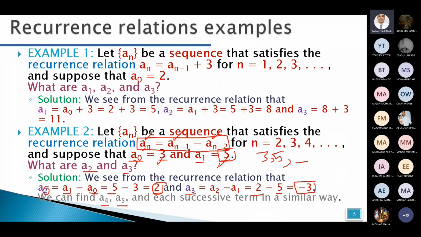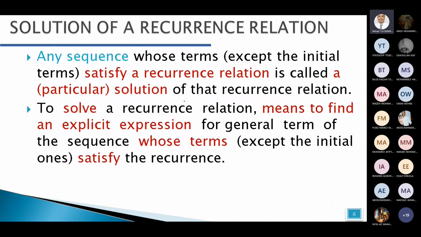But if we would like to get term 200 or term 150, we cannot calculate one term separately from the previous terms. So to do this, we need to find the solution of the recurrence relation.